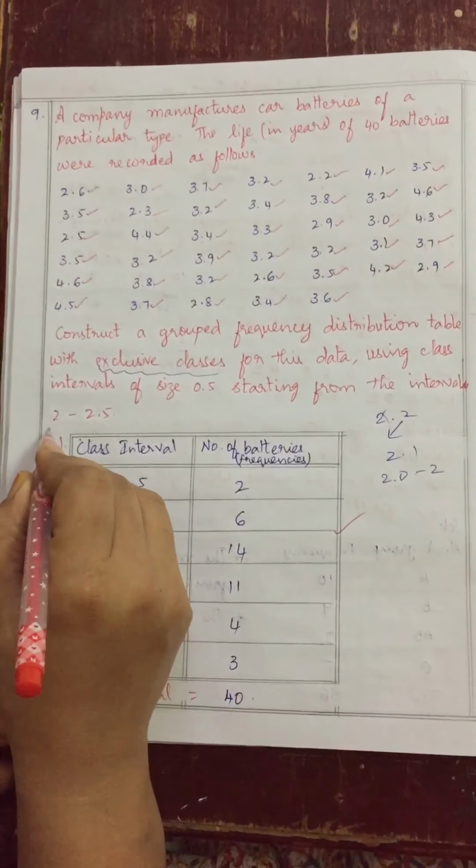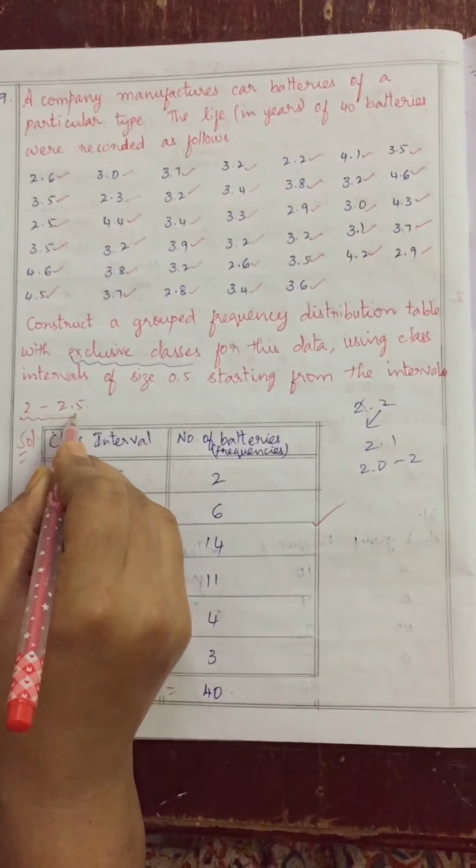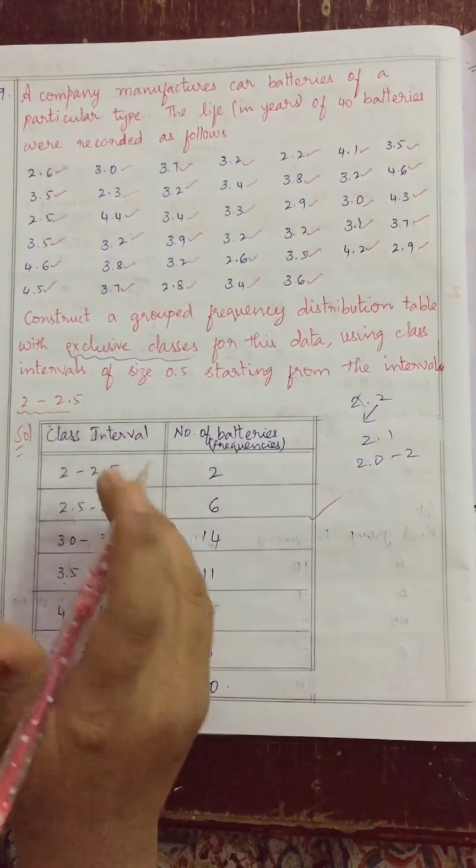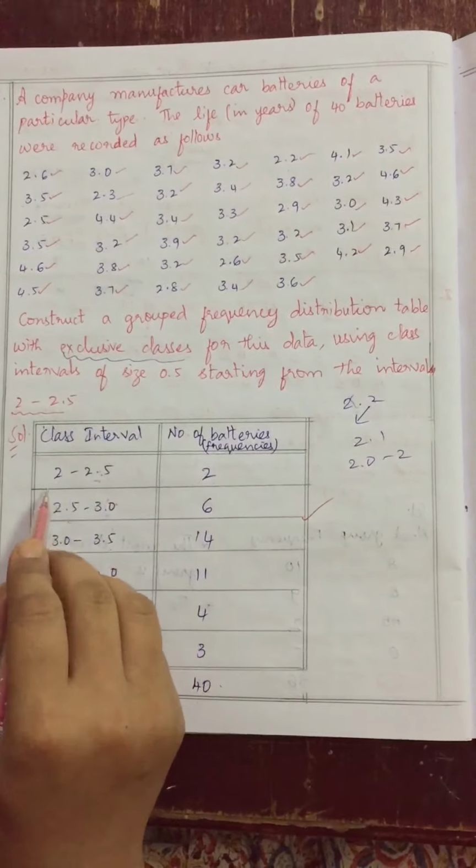But here the limit he mentioned is 2 to 2.5. That means a 0.5 difference only we should take. According to that only we prepare, because here batteries are up to 4.9 only. That's why we took up to 5.0 only. We did not move again. Clear, children? And according to that, the number of batteries are nothing but frequencies.